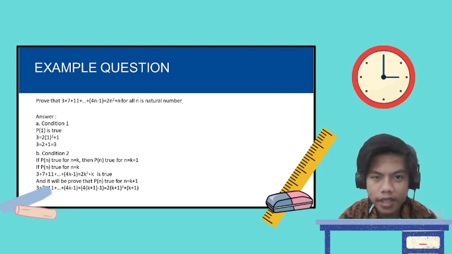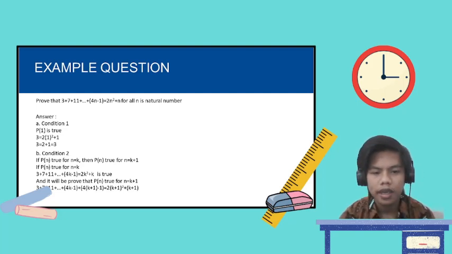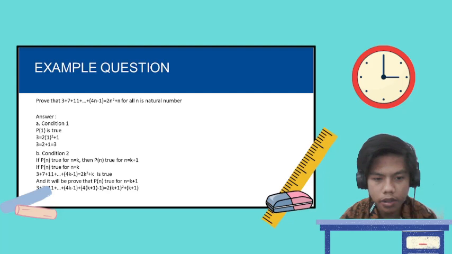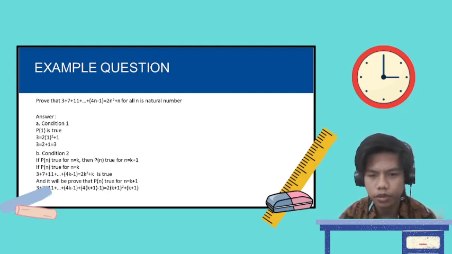And we can write that as 3 plus 7 plus 11 plus up to (4k minus 1) plus (4 times (k plus 1) minus 1) equals 2 times (k plus 1) square plus (k plus 1).